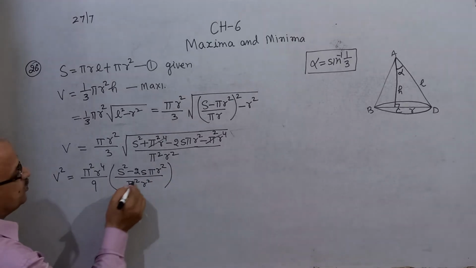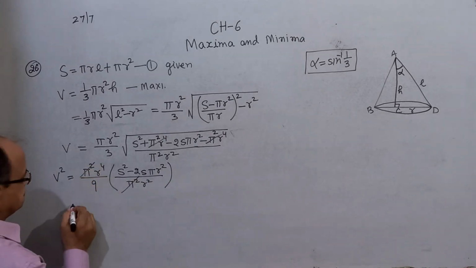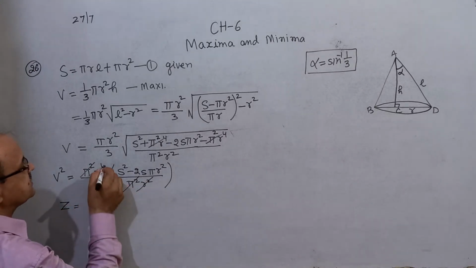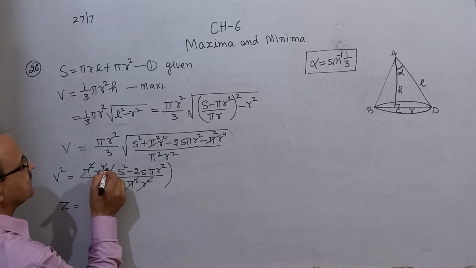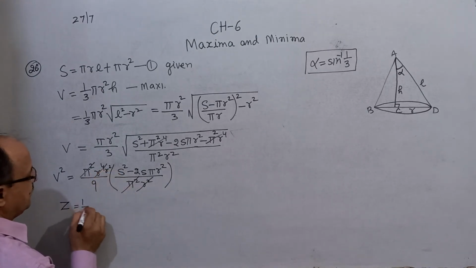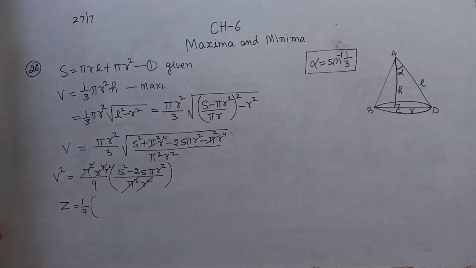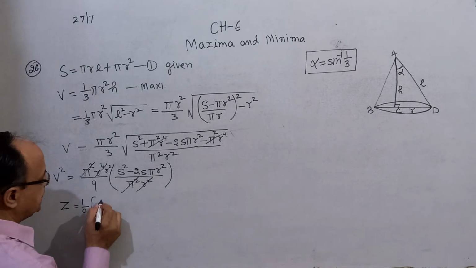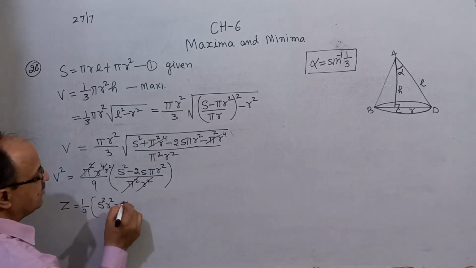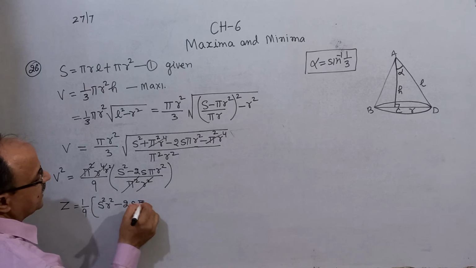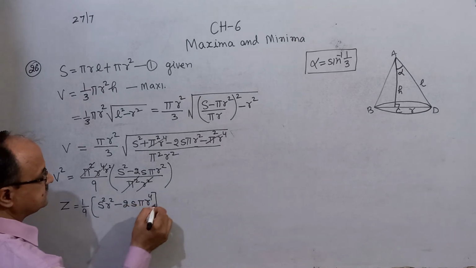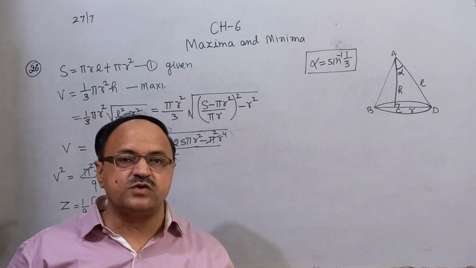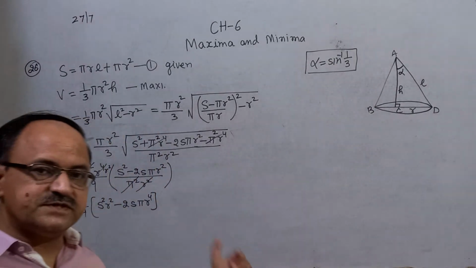Pi square cancels with pi square, and one R square cancels, so Z square is 1/9 times (S square R square minus 2 S pi R to the power 4). Since the complete expression is in the form of R, we can differentiate with respect to R.